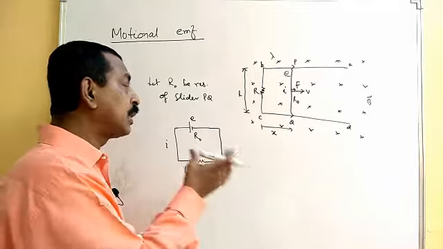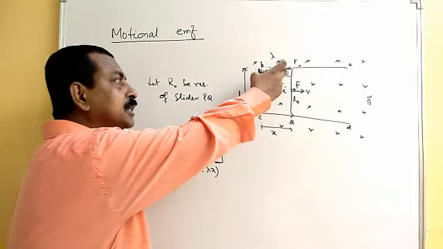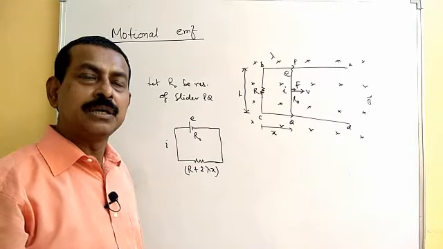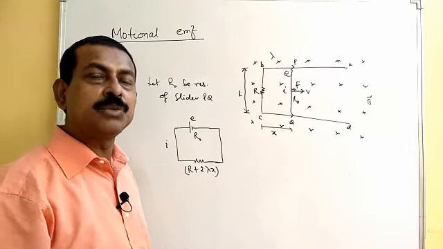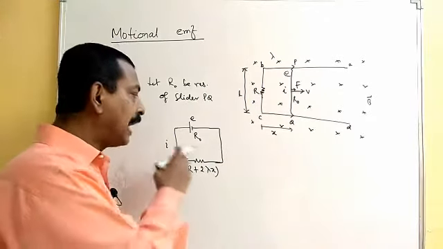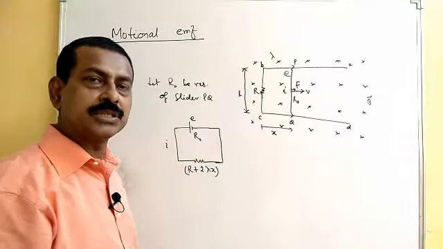And here you can also find what will be the net potential difference in this case. If this slider has some resistance, it is just like the potential difference across the terminals of a cell when it has some resistance. So that concept you can use if this slider also has some resistance.